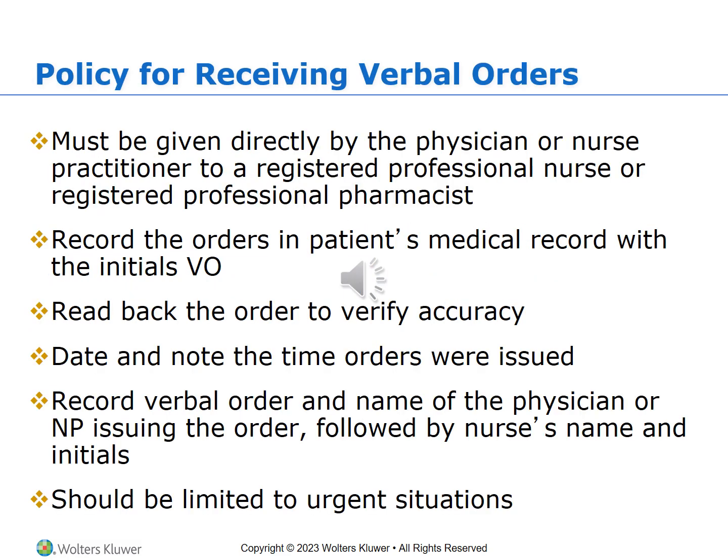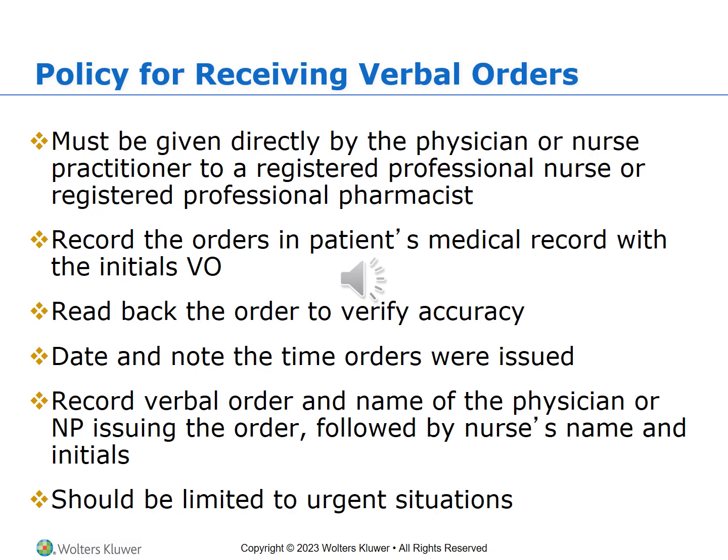On page 528 at the very bottom and extending into page 529, it speaks about policies for receiving verbal orders. So it must be given by a physician, nurse practitioner, or a registered nurse, or a registered pharmacist. So verbal orders are recorded in the patient's record.